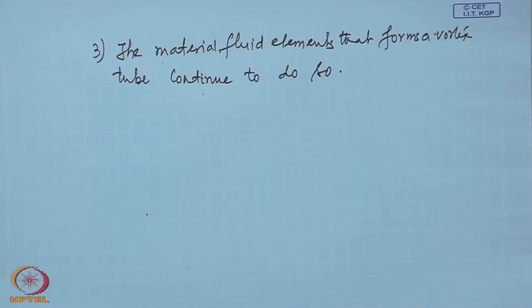Now, think about an idealization of this vortex tube. Think that the cross sectional area of the vortex tube continues to decrease, but in such a way that integral omega n dA, or the strength, remains constant.